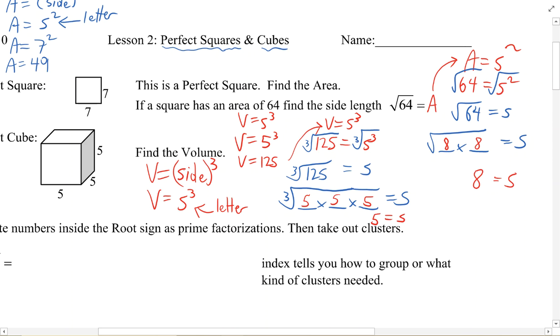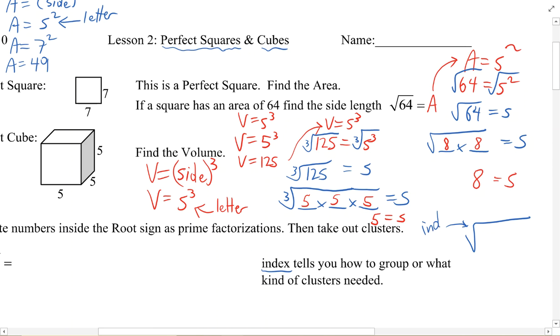Notice how you have 3 digits inside the cube root and it equals a single digit, just like with the square root, where we took out a single value, because the index matters. Now my question is, here's the word index. Your index is this number right here.